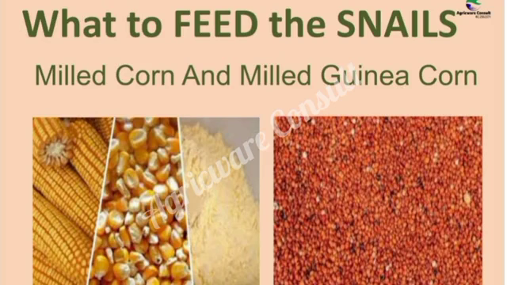And when you are presenting it to your snail in powder form, you must mix it with water, make it into a paste before you present it in the feeding trough for your snail. It is a very good feeding material for your snail.